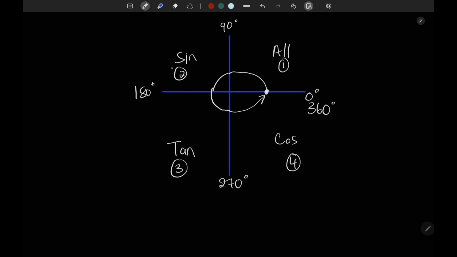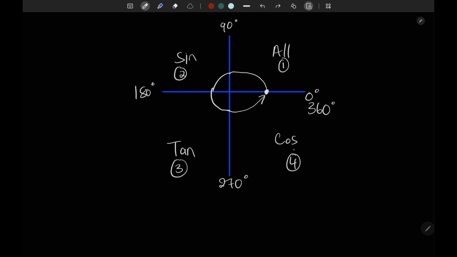So in your second quadrant, you have sine, which means sine is positive in the second quadrant. However, tan and cos are negative, because as you can see, we wrote sine, which means it's sine's quadrant. Tan and cos are negative here. Now in the third quadrant, tan is positive because it's tan's quadrant. However, sine and cos are negative here.